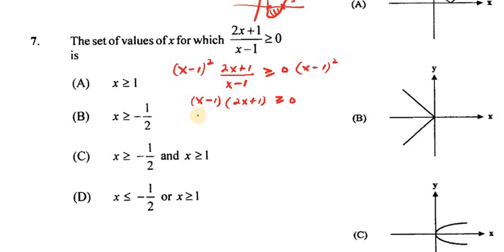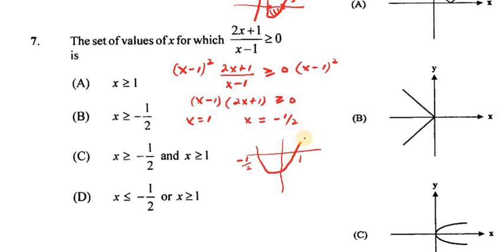So my critical values are x is equal to 1 and x is equal to negative 1/2. Drawing a graph to show this now. This is negative 1/2 and this is 1.